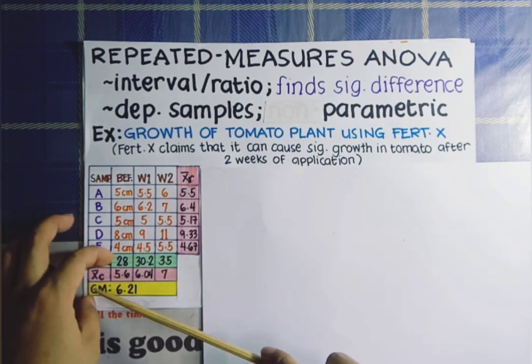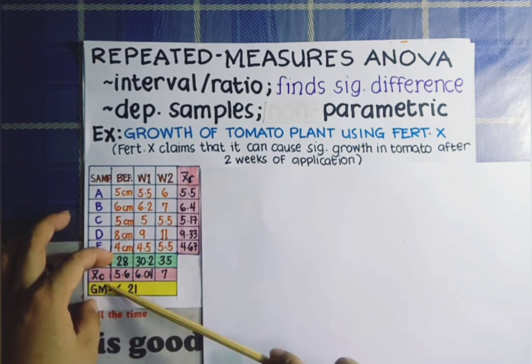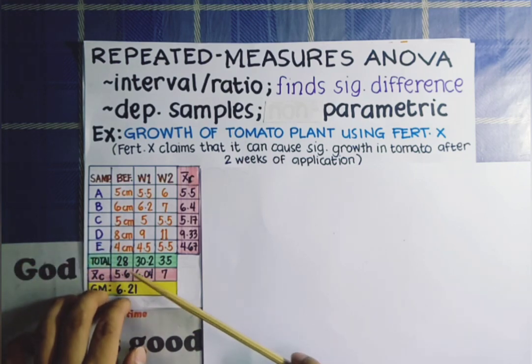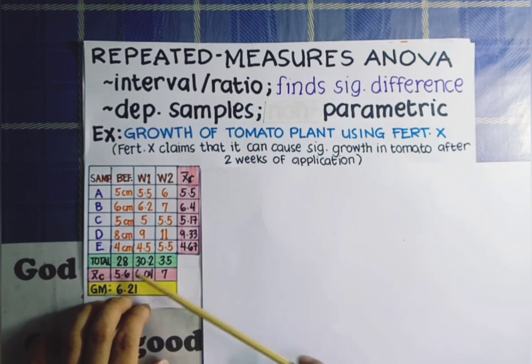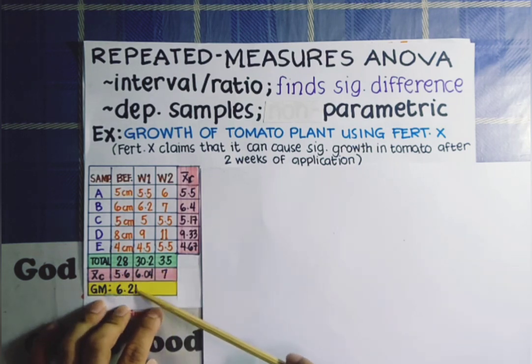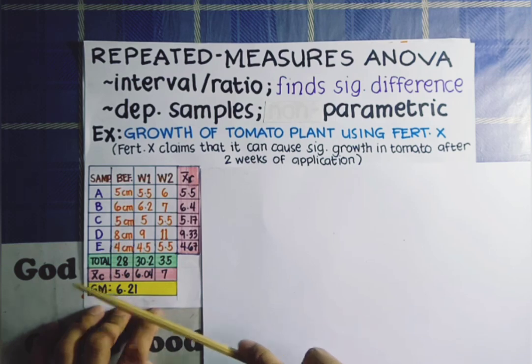And we also obtained here the grand mean. The grand mean is just the average of these three means in columns. So we have here 5.6 plus 6.04 plus 7 divided by 3, and that's 6.21. That is actually our grand mean.